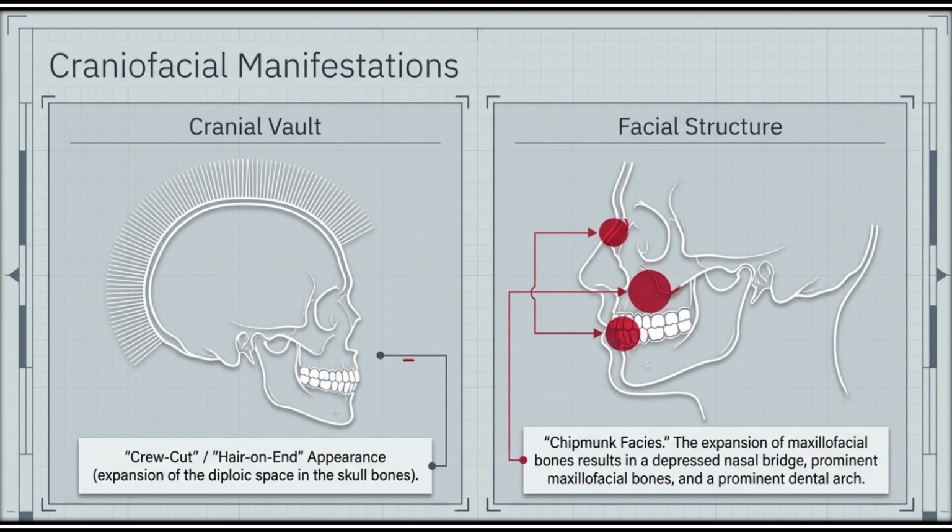The marrow expands up to 15 to 30 times its normal volume. This intense physical expansion pushes against the inner walls of the bones, widening the medullary space and causing severe skeletal deformities such as the classic hair-on-end skull appearance and chipmunk facial features.